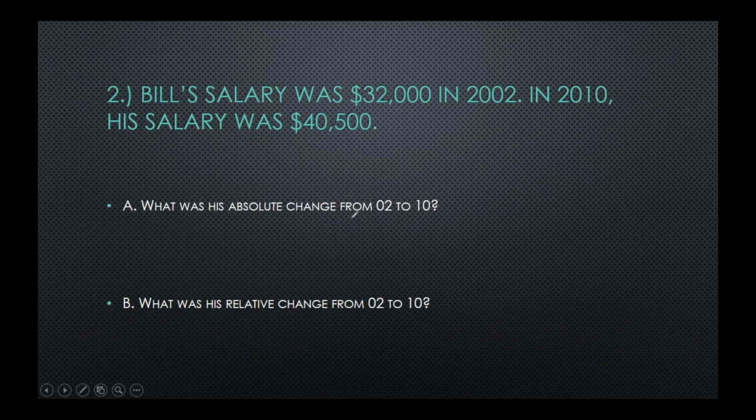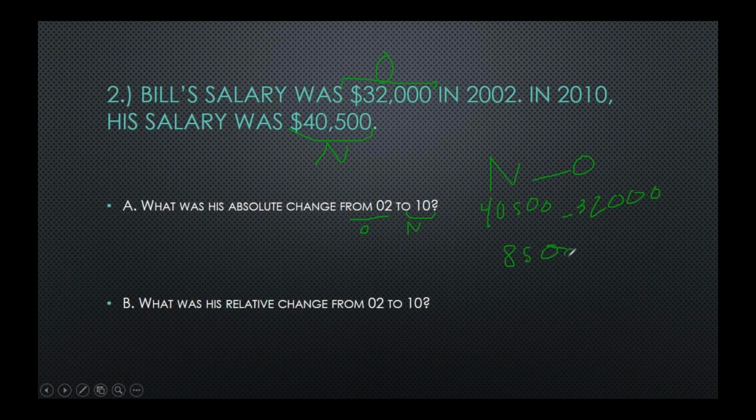When we're looking at this one, from 02, so 02 is old, to 2010, that's new. So the 2010 salary here is the new one, and here's the old one. Absolute change is new minus old. 40,500 minus 32,000. What's my absolute change? 8,500.